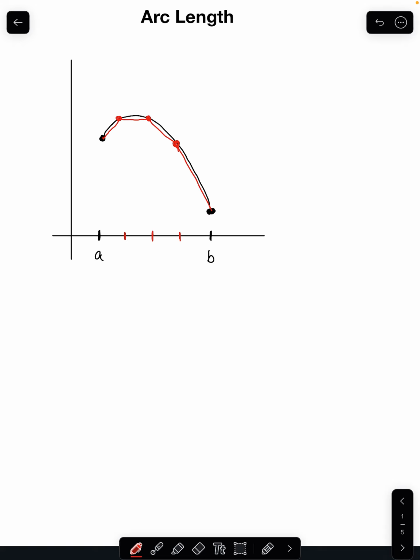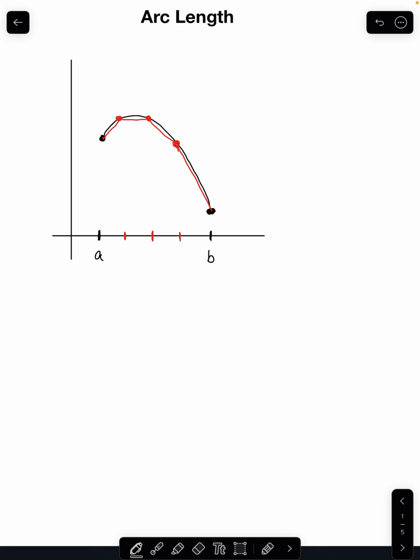That is to say, on each partition, the length of the arc on that partition is not exactly the same as the length of the line segment. However, we do know from doing limits of Riemann sums that the more partitions we use, the more accurate our estimate gets, to the point where if we eventually put a limit as n approaches infinity in front of the Riemann sum, we will get the exact measurements.